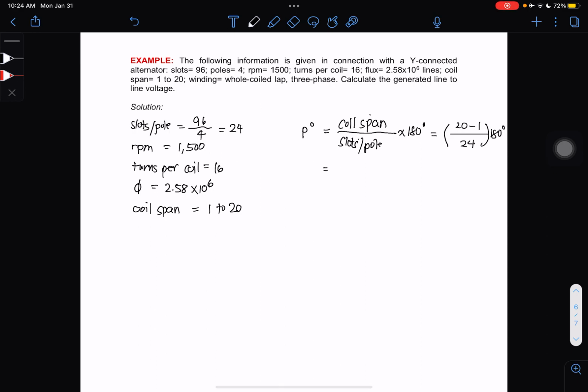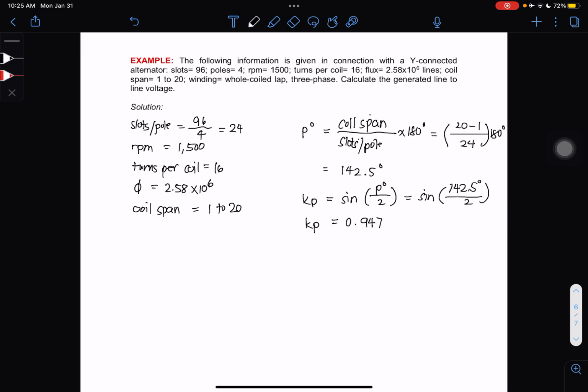So our span of the coil is 142.5 degrees. To solve for the pitch factor, Kp is equal to sine of P degrees over 2. So sine of 142.5 degrees divided by 2. Our pitch factor will be 0.947.